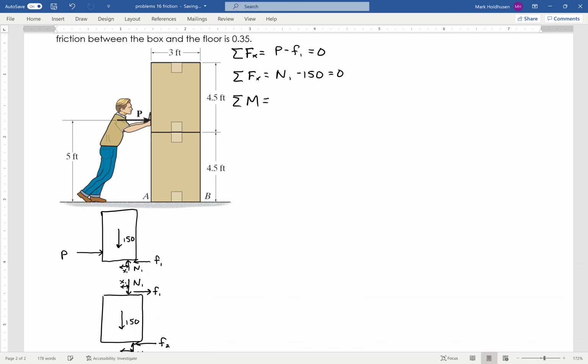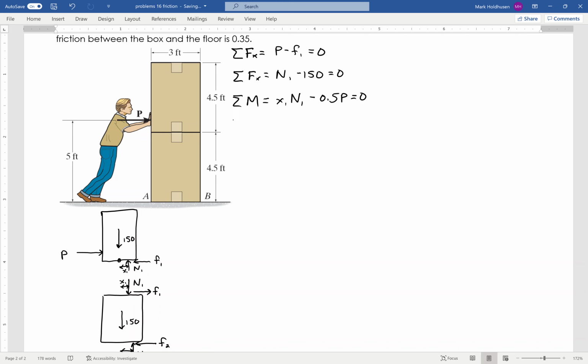Again, I do it about the point right below the weight there. That gets rid of both my friction as well as the 150 pounds. And I only have x1, n1, and then it'll be 0.5 times p equals 0. So those are my first 3 equations for the equilibrium of the top object.